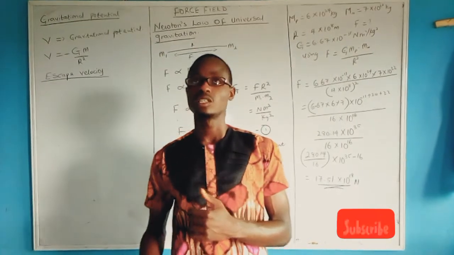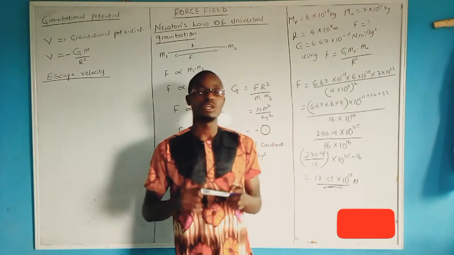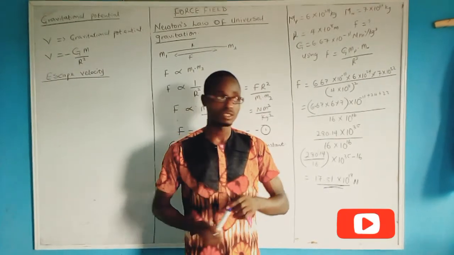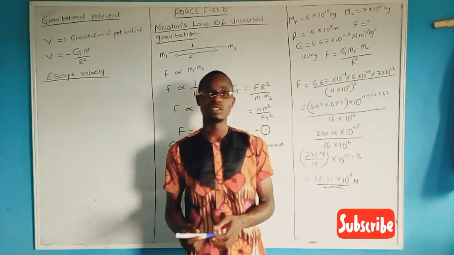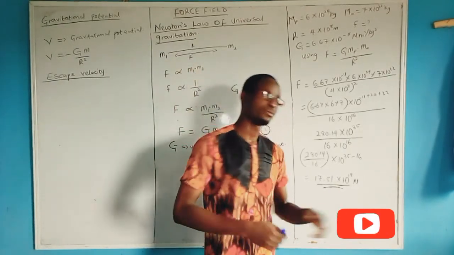Let's consider this. If I'm throwing this, no matter how, it is going to reach its maximum height, just like a projectile. Then once it has reached its maximum height, because of the influence of gravitational force, it tends to come down.